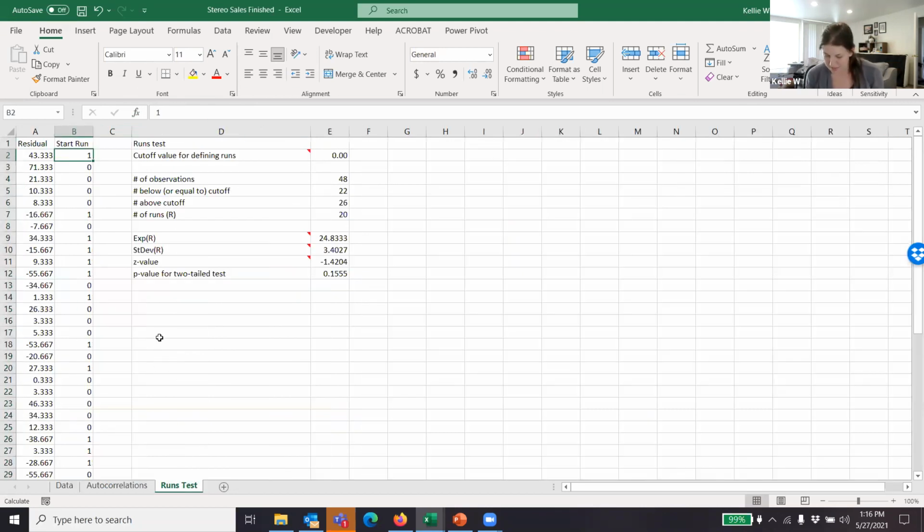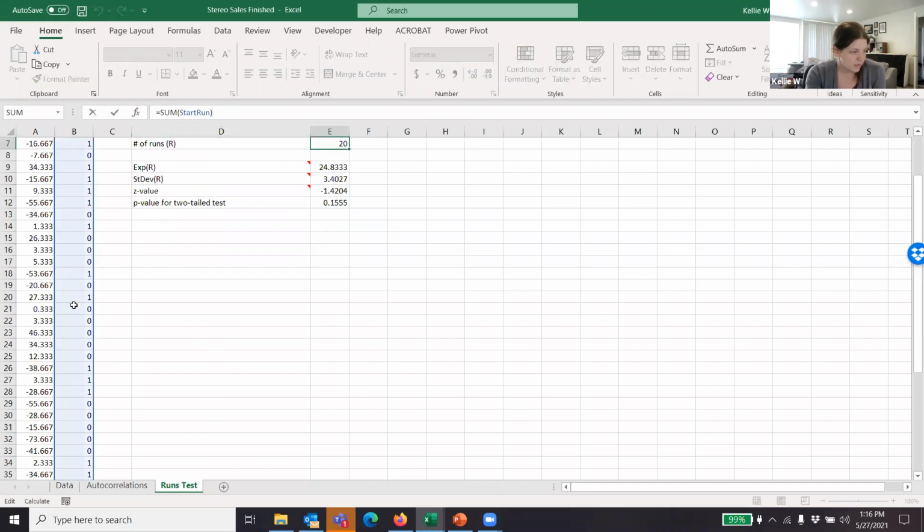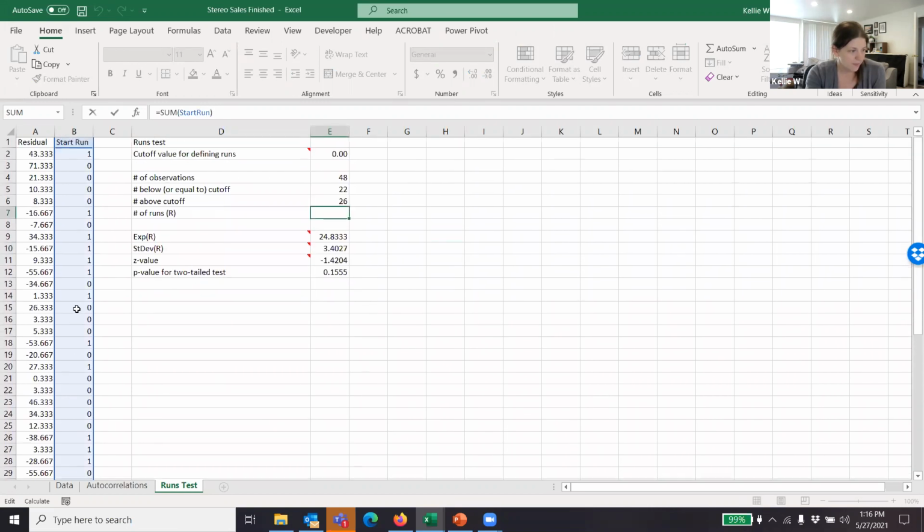If you wanted to use this yourself, you would just copy your data into the residuals here, and then you would set your cutoff value, which for us is 0. Okay, so the number of observed runs is right here, and there's 20.